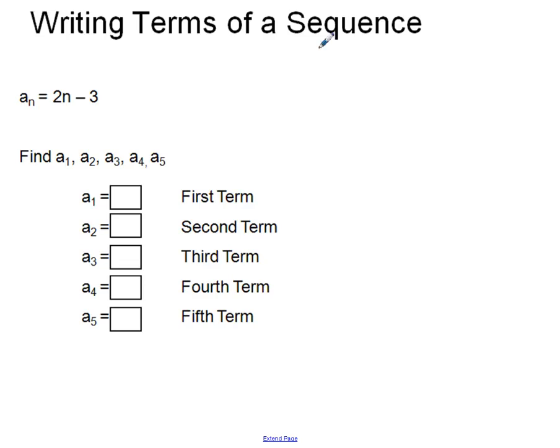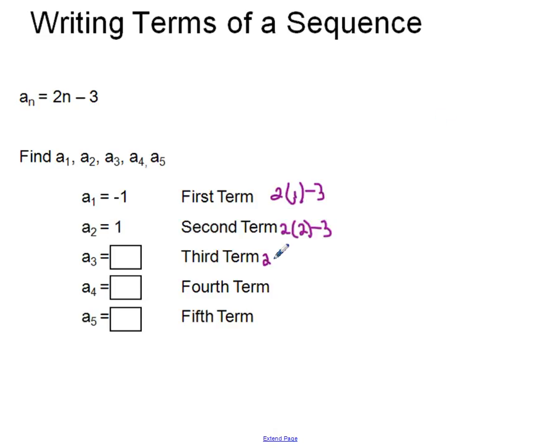Now, writing terms of a sequence. Here's another nice little one. A sub 1, meaning my first term, is negative 1, because I put in 2 times 1 minus 3. And this one here is 2 times 2 minus 3, and 2 times 2 minus 3 is positive 1.